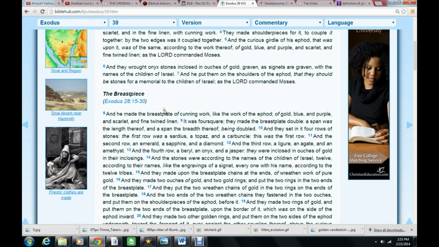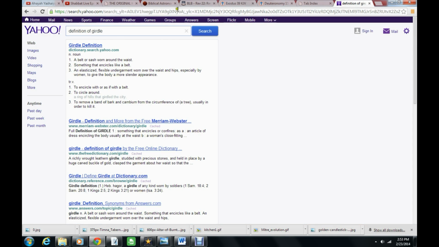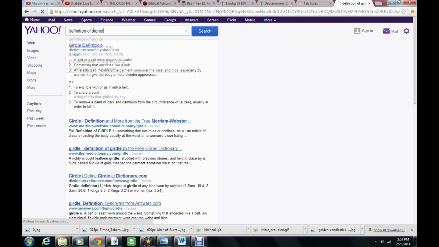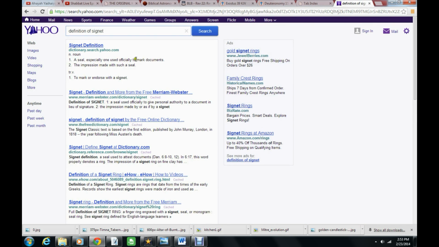And they wrought onyx stones, enclosed in ouches of gold, probably ounces of gold, graven as signets are graven. Signets are like sigils. So it's a seal, especially one used officially to mark a document.